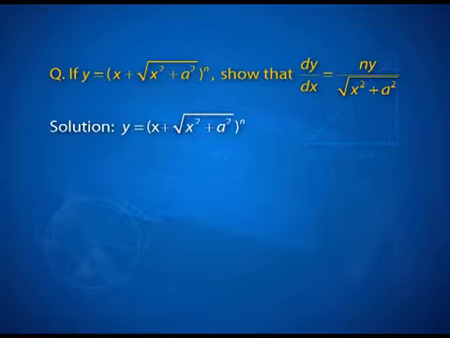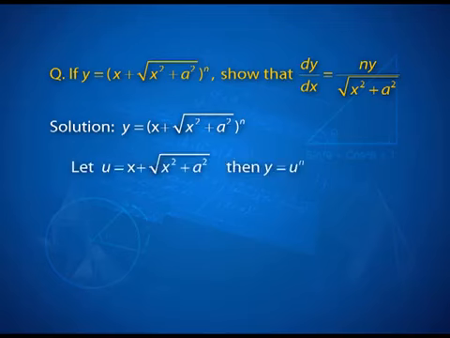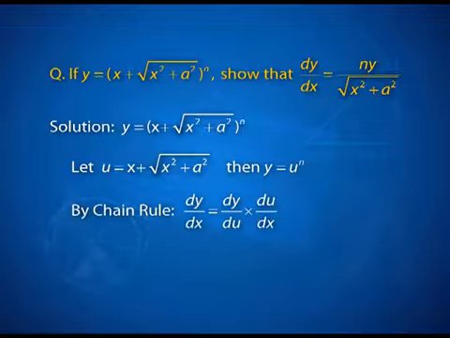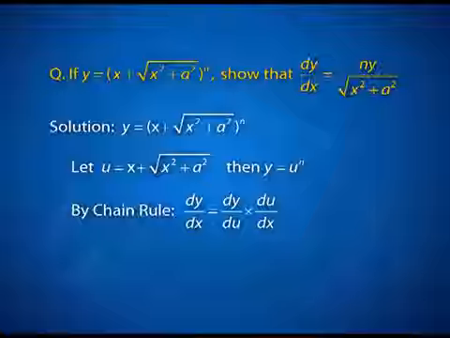Let us see what we will do as we start the derivative. Let us take the inner function, that is the function which is the base, to be u. So, let u be x plus root of x square plus a square. So, clearly y is equal to u to the power n, and therefore, by chain rule, the derivative of y can be read as the derivative of y with respect to u into the derivative of u with respect to x.